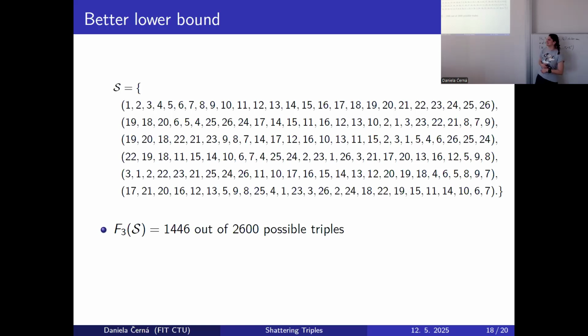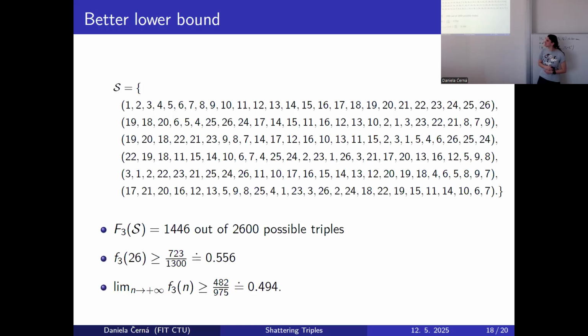1,446 out of 2,600 triples, which will give us F3 being at least 0.556. And also the limit, using the theorem on the previous slide, will give you 0.494.